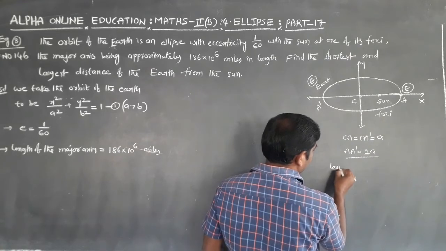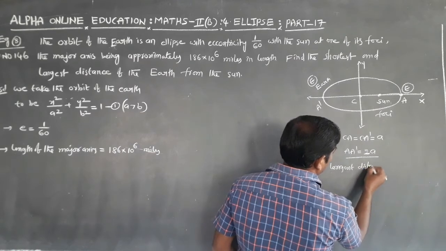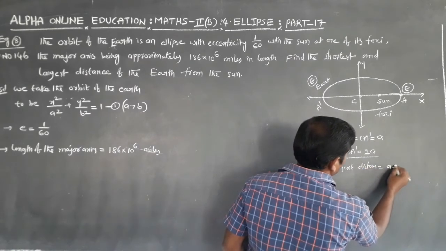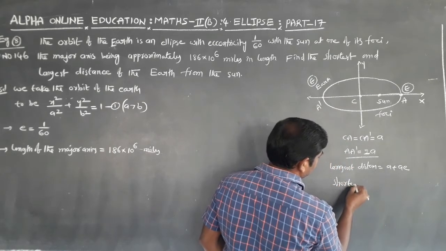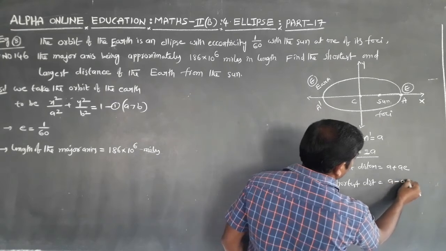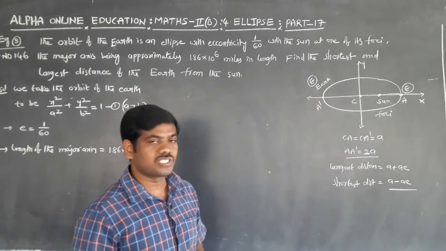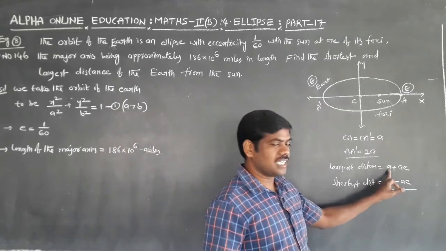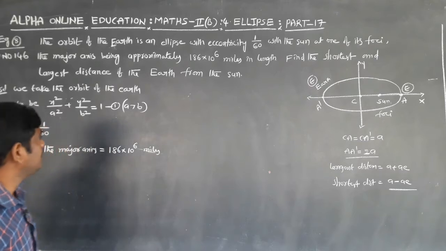By using the formula, the longest distance is a plus ae. Second one, the shortest distance is a minus ae.